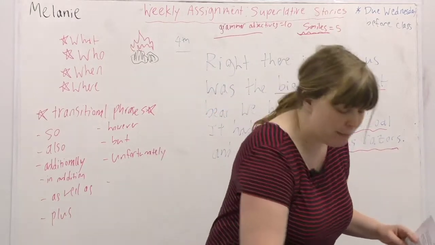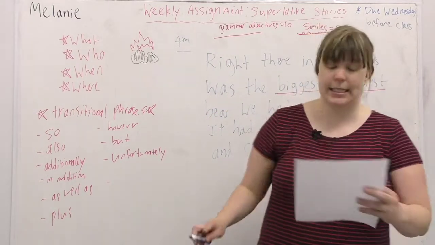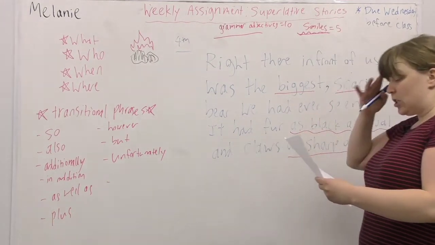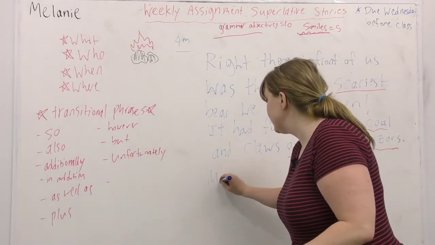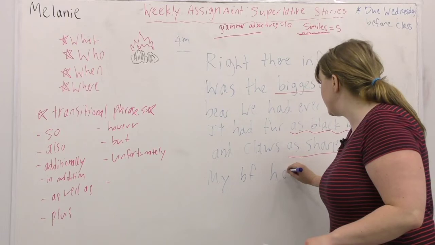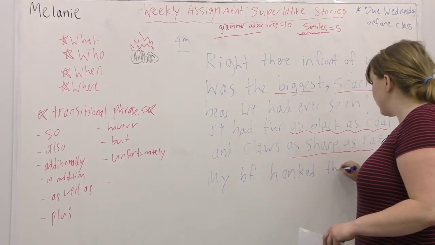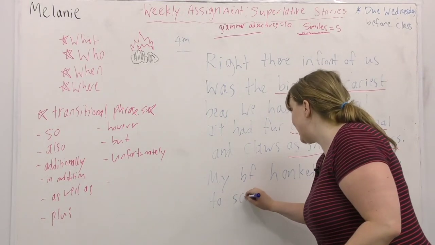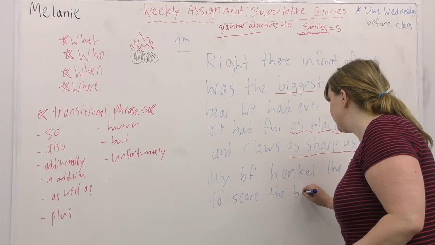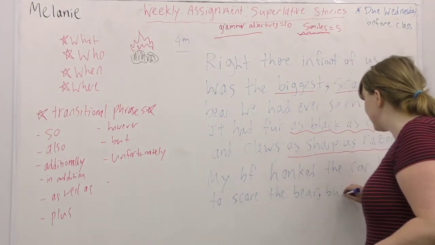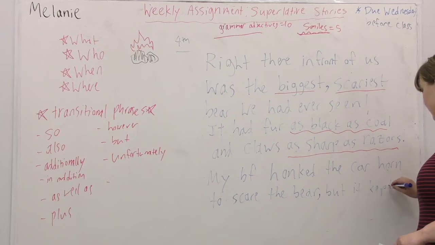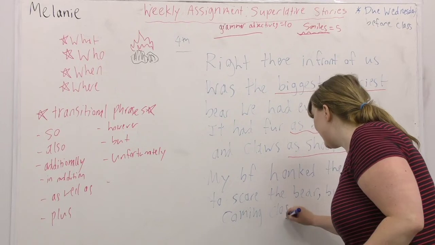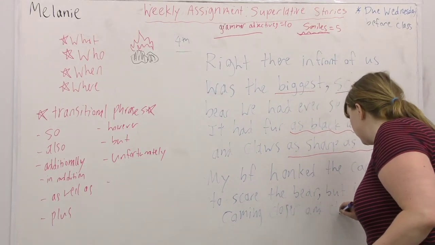I'm going to write a little tiny bit more of this paragraph. Let's see, okay, I don't want to write the whole thing out because it's long. Okay, so my boyfriend honked the car horn to scare the bear, but it kept coming closer and closer to us.